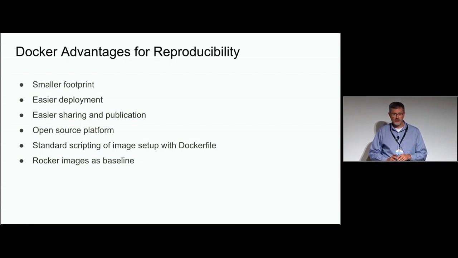The instructions are basically docker run -it and the image, and then maybe a little bit of instruction after that. You can even run RStudio or Shiny and create an application that does it. It's an open source platform, so it's automatically accessible to anybody. There are no licensing fees or anything that anybody has to buy to reproduce your results, assuming that you're not using proprietary stuff in your image.